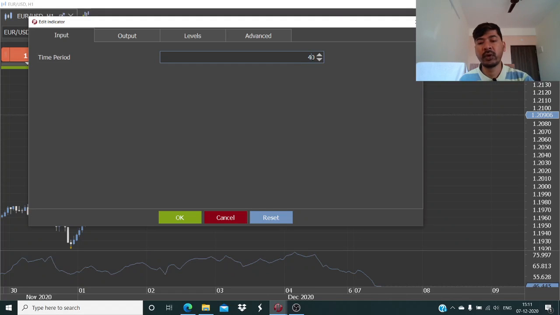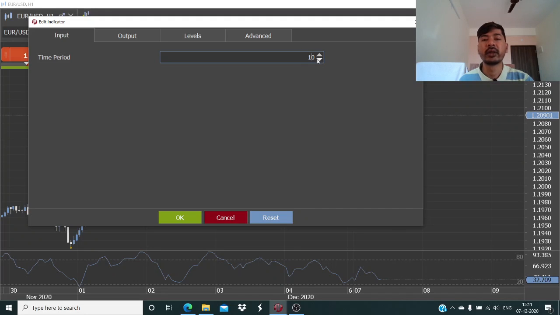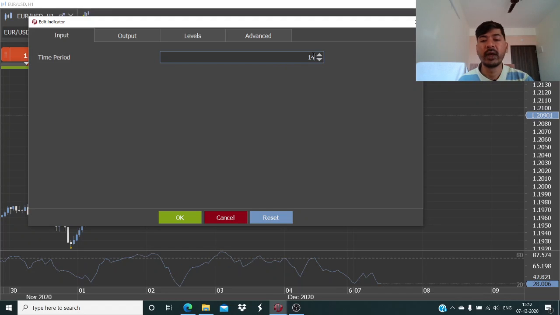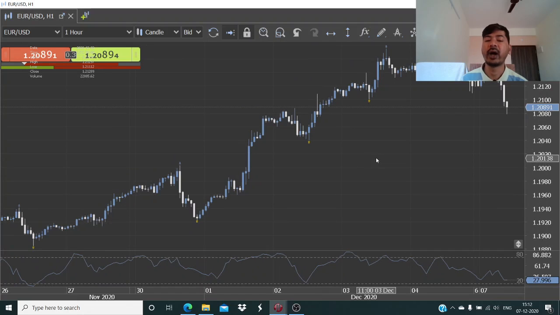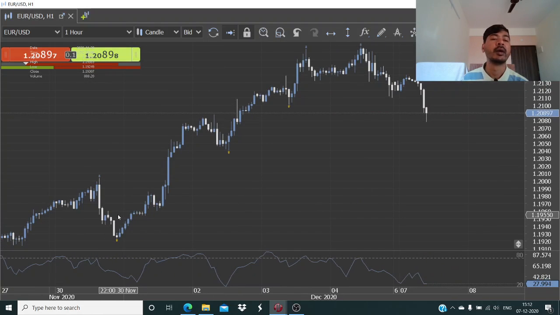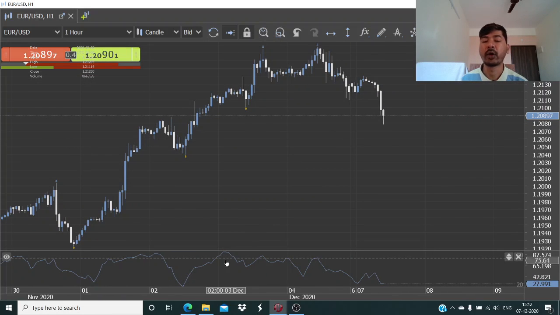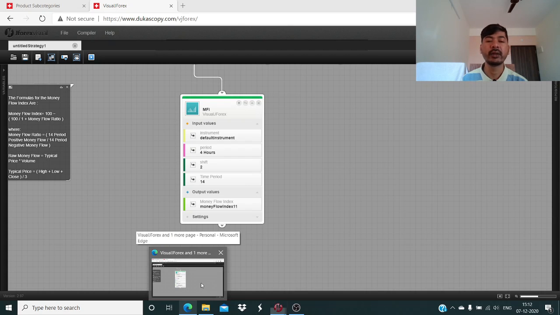If we make it 40, as you can see, the parameter causes a lot of difference, and we have to be mindful, and we have to take these decisions as per our requirement after looking at this charting, how the indicator behaves to the price action of the underlying instrument. We will be able to arrive at the possible combination which will be more profitable for us.